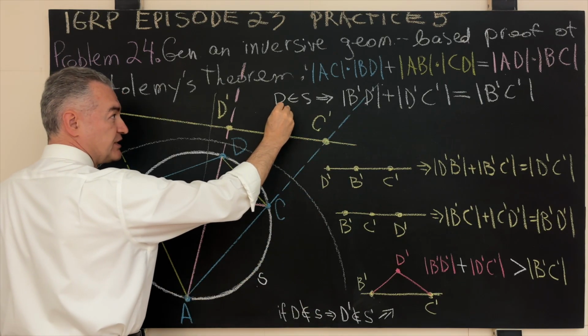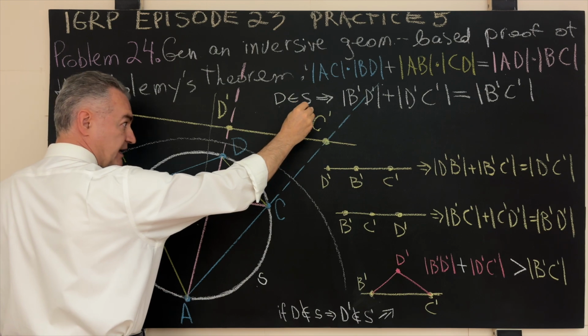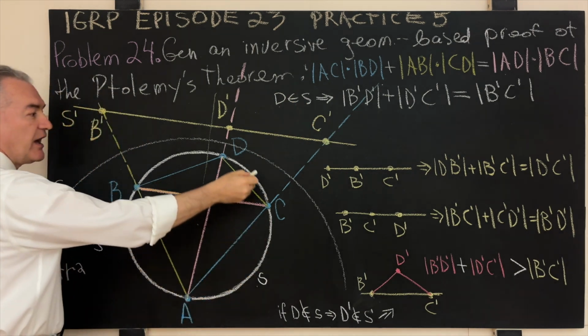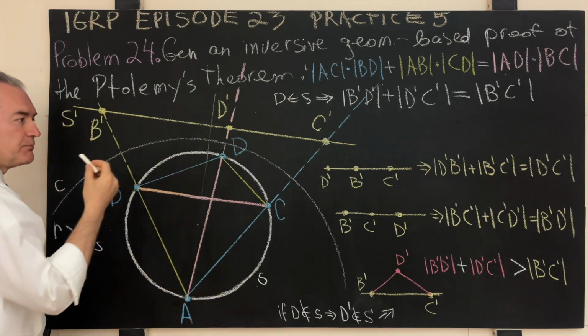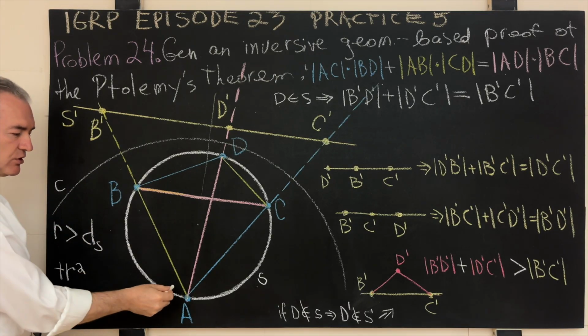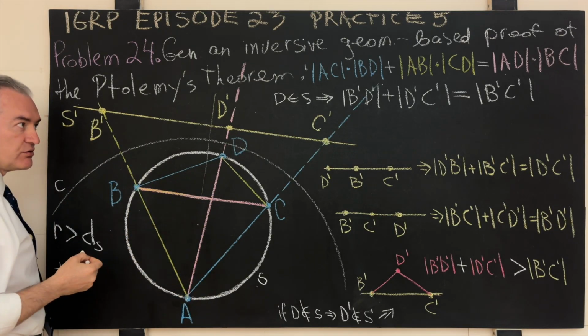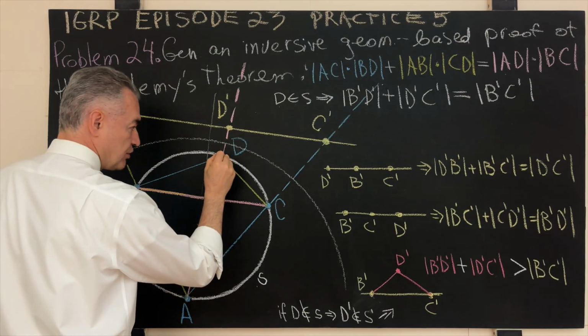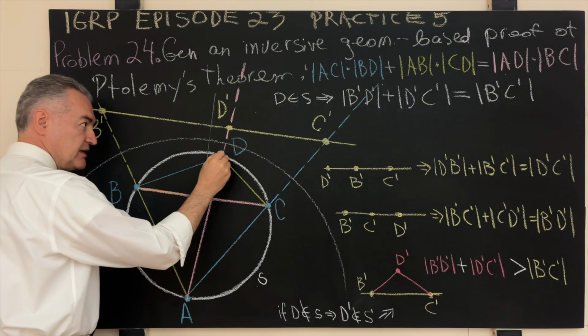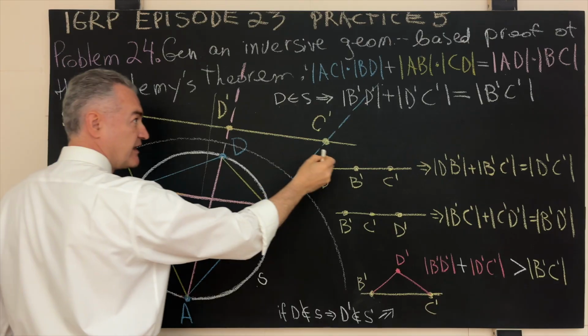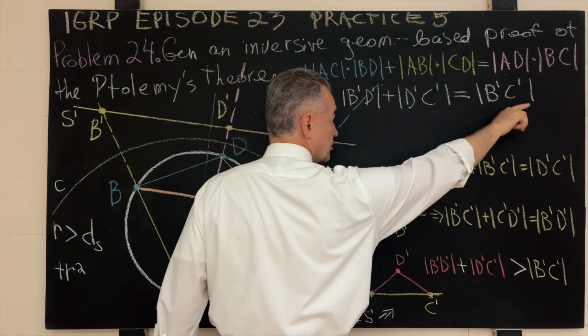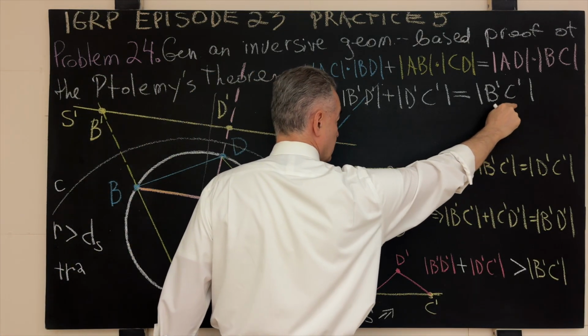So if the point D belongs to the circle S, and we do have an interesting, non-degenerate, meaningful, or meaty case of a cyclic quadrilateral to speak of, then we already know under chosen inversion, D goes into D prime, and then we have the following partition of the line segment B prime C prime.